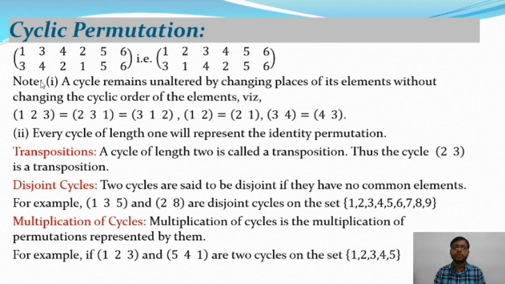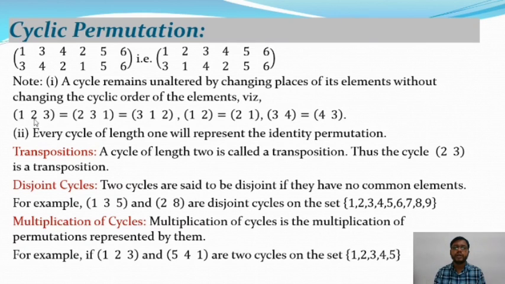So there is a note on the above cycle. A cycle remains unaltered by changing the place of its elements without changing the cyclic order of the elements. That means (1 2 3) is equal to (2 3 1), which is equal to (3 1 2), just changing the places of the elements without changing the cycle.